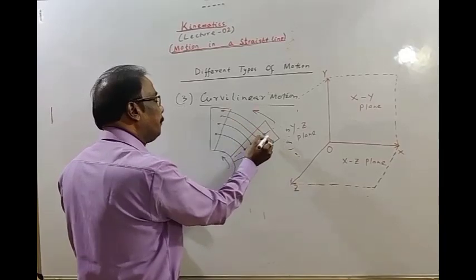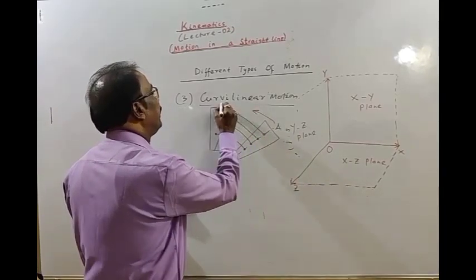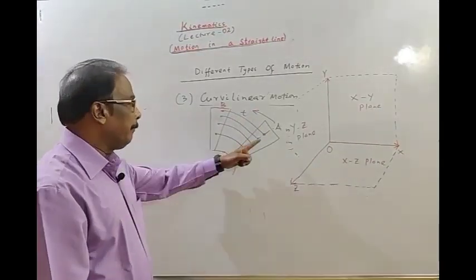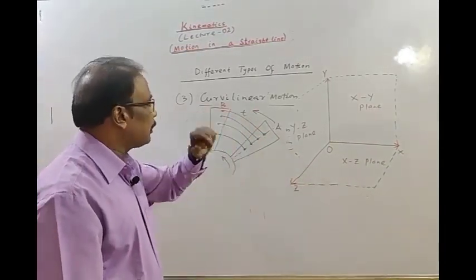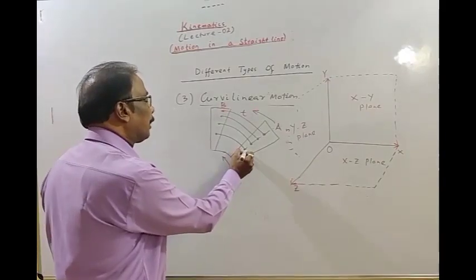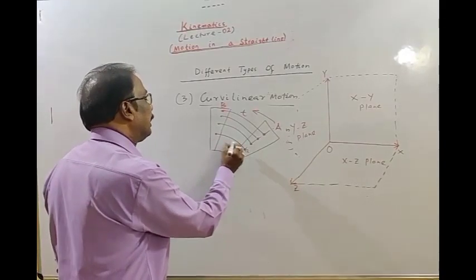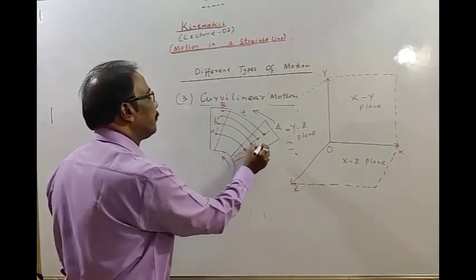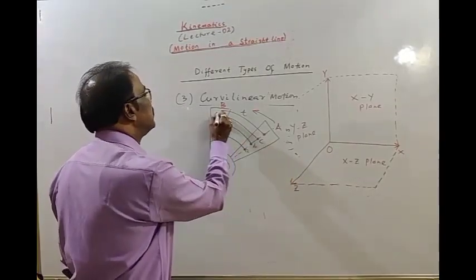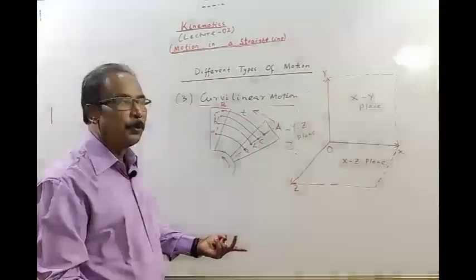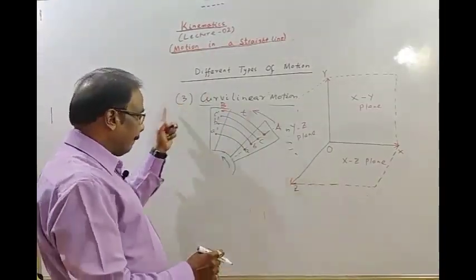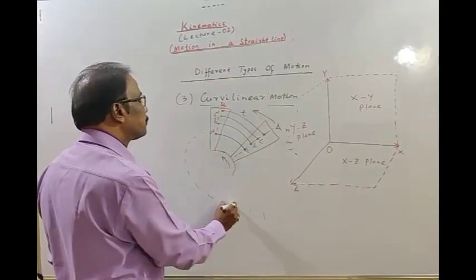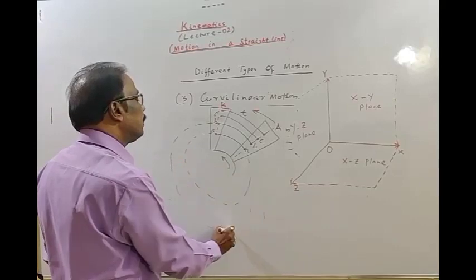The blade takes a time t to move from A to B. In this interval of time, particle A has moved to a point A dash, particle B has reached a point B dash, particle C has moved to a point C dash, and so on. So when the body exhibits rotational motion, different particles move along different circular paths.